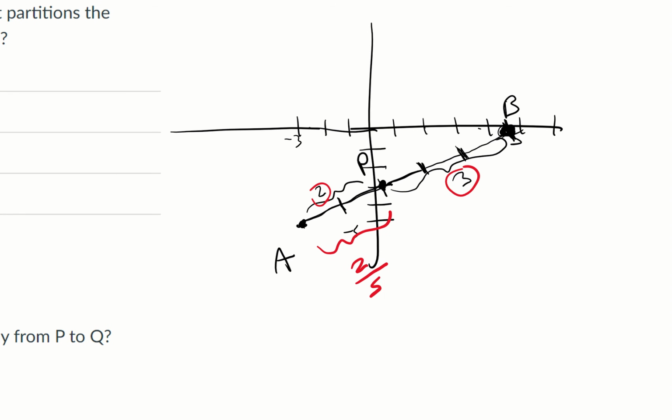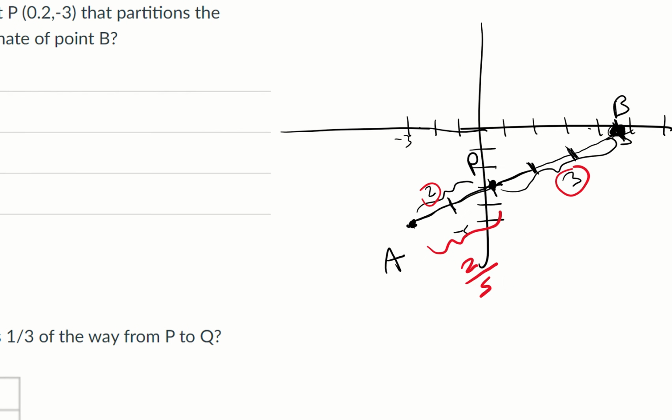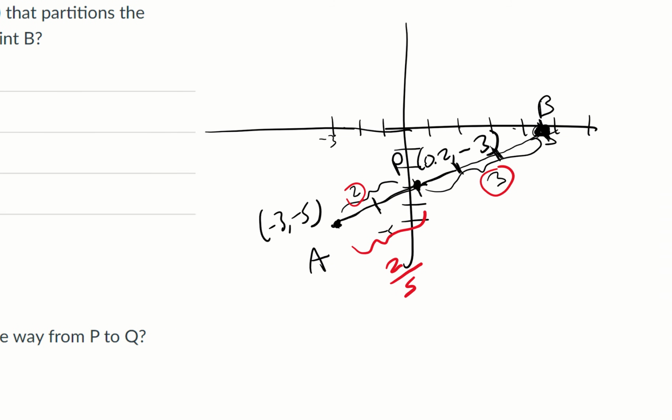And they told us the coordinates of A and P. So let me go ahead and write down the coordinates for A. What we need to do is figure out the distance from A to P, because that's going to help us find the distance here and the distance here.